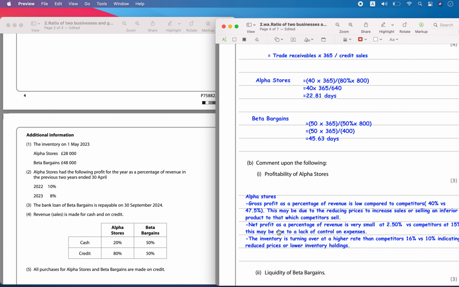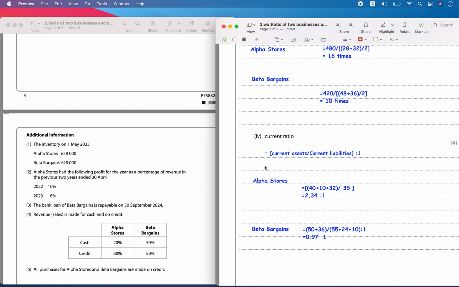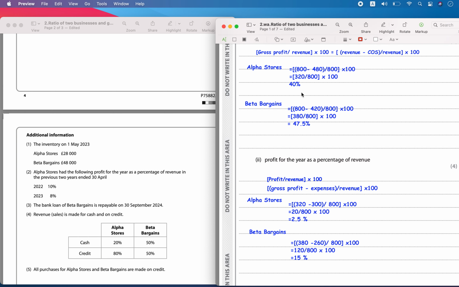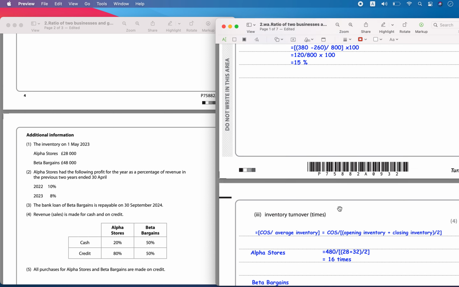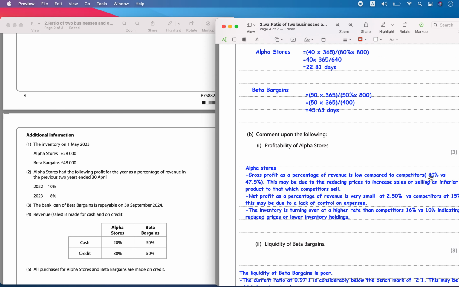Gross profit as a percentage of revenue for Alpha stores is low compared to its competitor Beta Bargains, at 40 for Alpha and 47.5 for Beta.